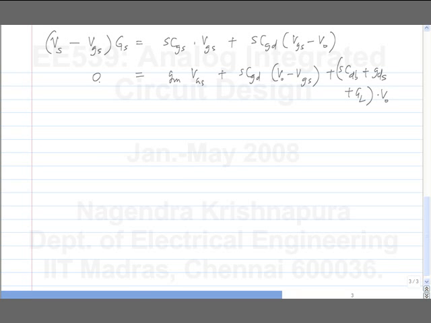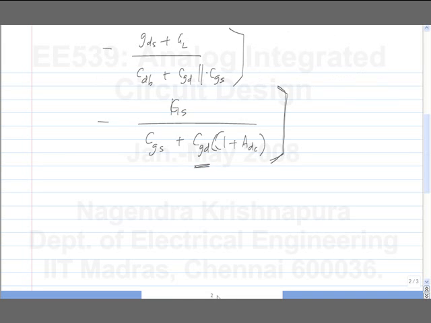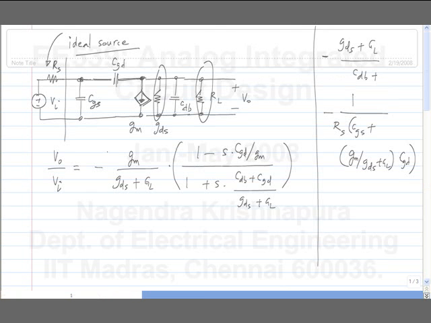So, these are the two equations corresponding to Kirchhoff's current law at the two nodes. This voltage is denoted by VGS and this is still VO.